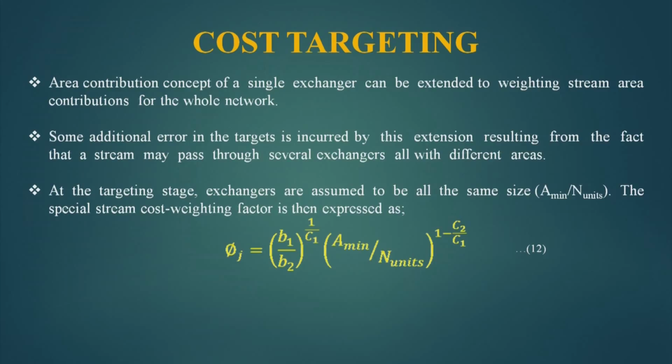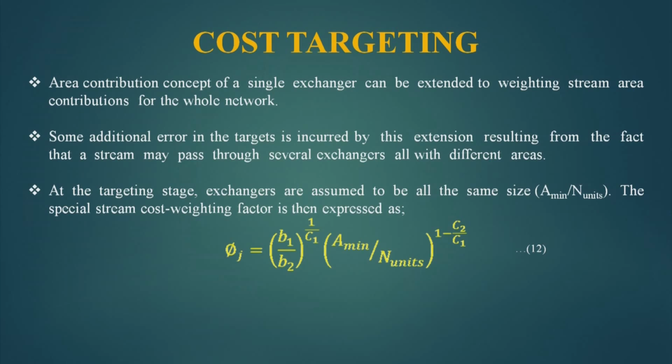The area contribution concept of a single exchanger can be extended to weighing stream area contribution for the whole network. So, we have calculated the area contribution concept for a single heat exchanger. Now, it can be used to find out the exchanger area for the whole network.